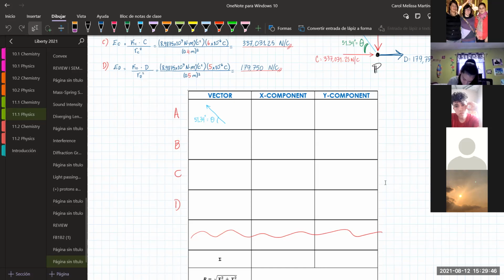My X component is... guys, don't forget this because I noticed that you forgot. Okay? Don't forget this, the direction at which it is going. This vector is going to the left and up.